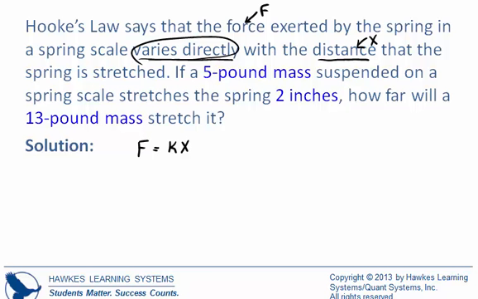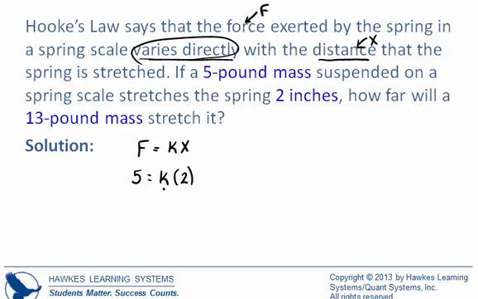So what we're going to do is plug in that information into our general equation. So the force is the mass that is being suspended on the scale. So we're going to put a 5 in for the F. Remember that we're solving for the k. And x is the distance that the spring stretches. So x would be 2 inches.